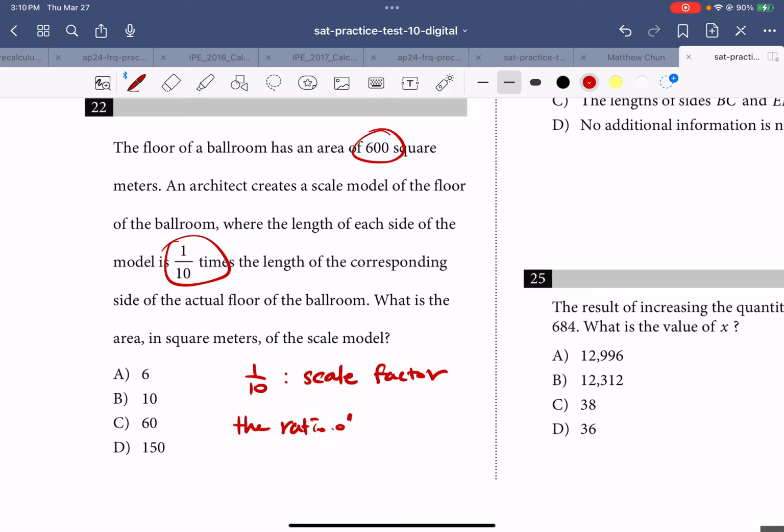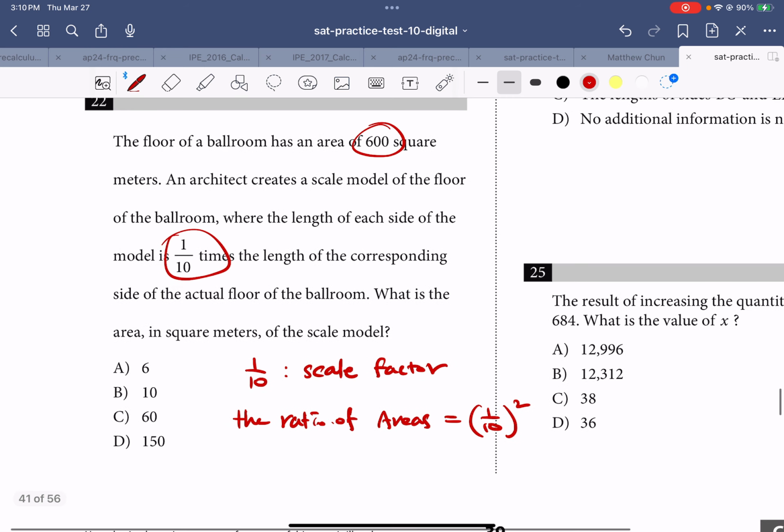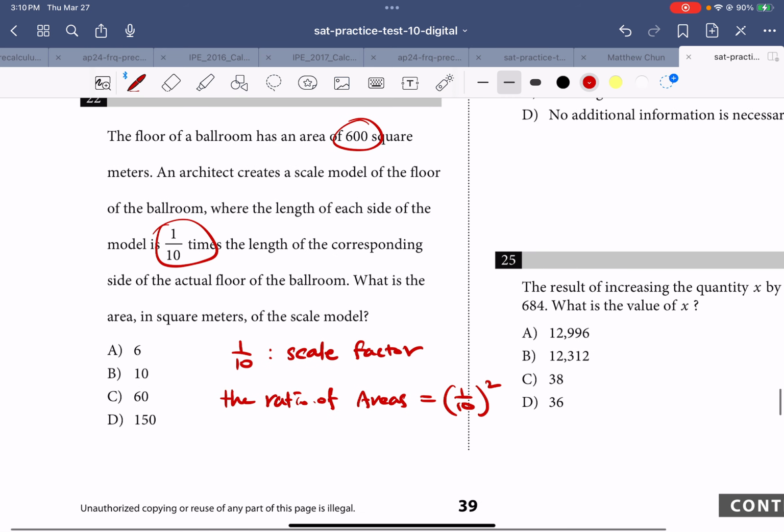Then we learned from geometry that the ratio of areas is the square of the scale factor. Okay, that's the rule. The ratio of volumes is the cube of the scale factor, but this time it's just area, so the square of the scale factor. So 1/100, that's the ratio of area, and we're looking for the area of the scale model.